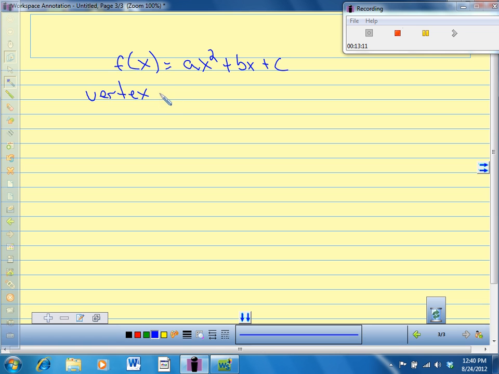The vertex is at negative b over 2a, comma, f of negative b over 2a. You know what I mean by that?